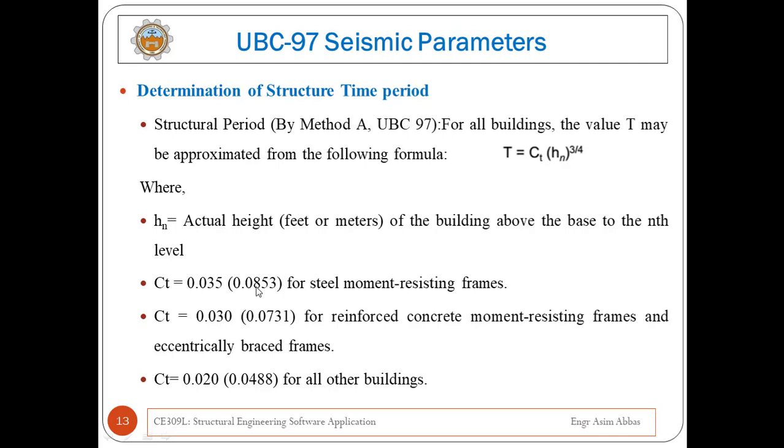This first value is for steel moment resistant frame, and Ct is equal to 0.030 for reinforced concrete moment resistant frame and eccentrically braced frame, right? And Ct is equal to 0.020 for all other buildings.